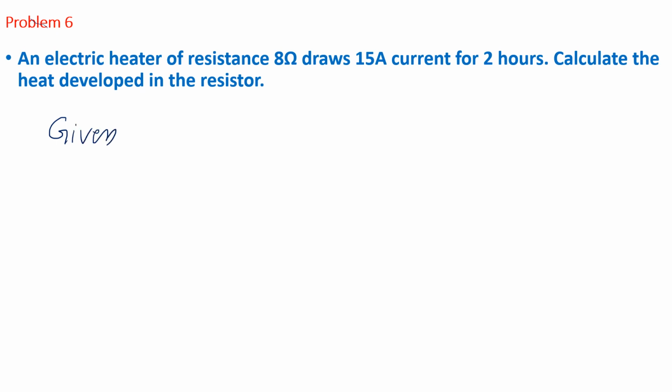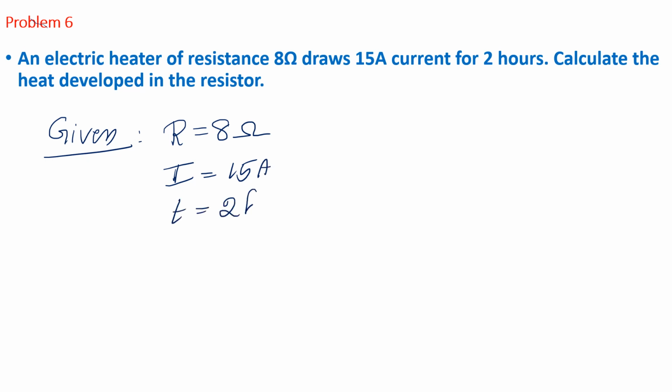The heater has resistance R equal to 8 ohms, draws a current I equal to 15 amps, for a time of 2 hours. Calculate the heat developed in the resistor.